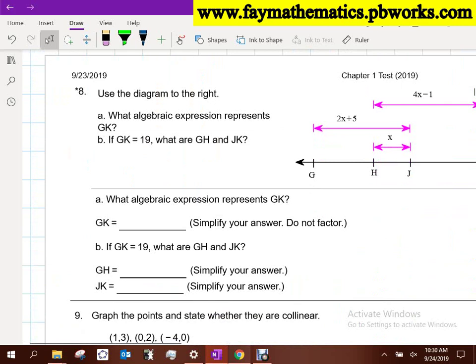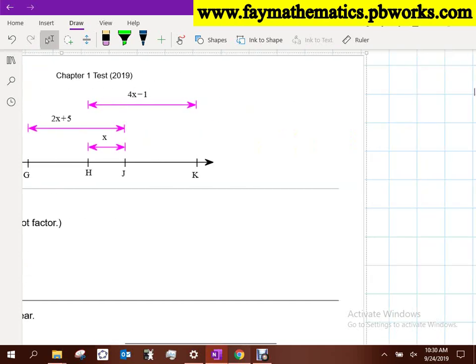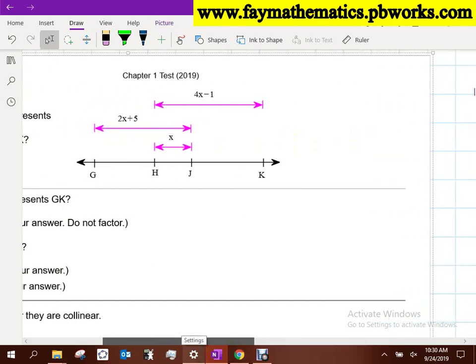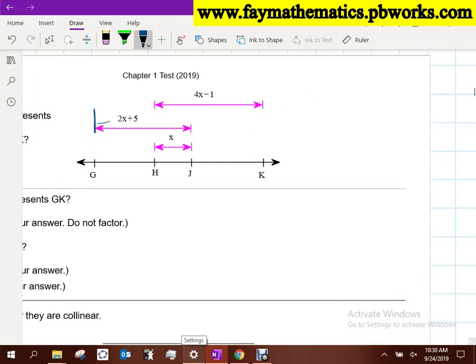This one we did many times in class. They tell me to write an algebraic expression for GK. So for GK, I'm going to start right here at G and walk all the way to K, and I need to record the distances that I walk.